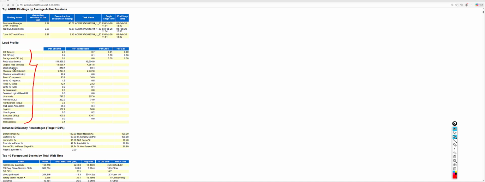Every time you should not go and check all these things, because this may be a distraction for you. So if logical reads are 13,538 per second, you cannot just generally say that this is high or low. This may or may not be high, or may or may not be low, unless you have something to compare. So you need some baseline reports. Without any baseline reports to compare, you cannot just blindly say that this is high or low.